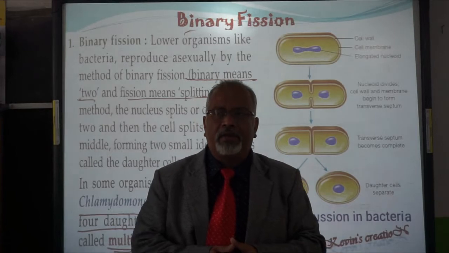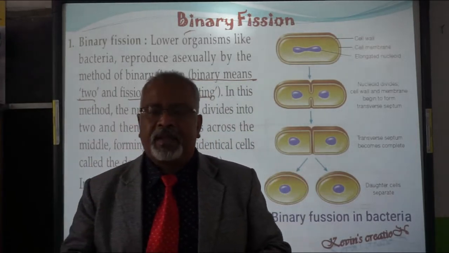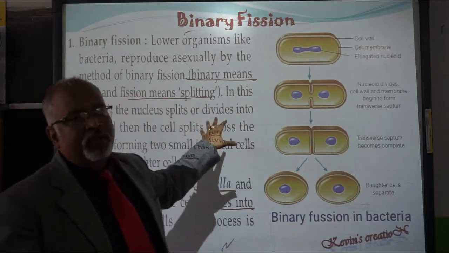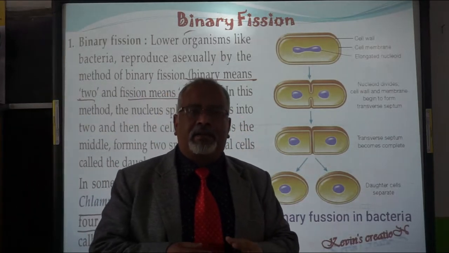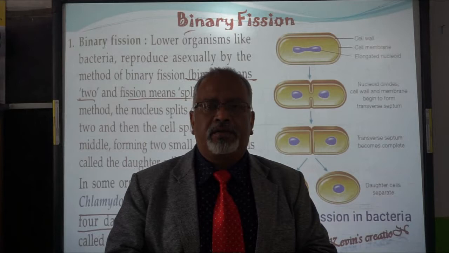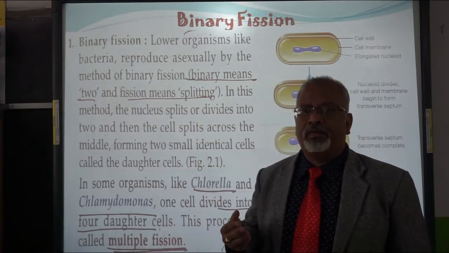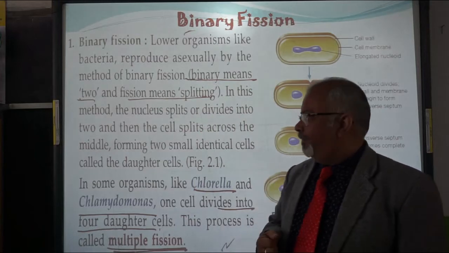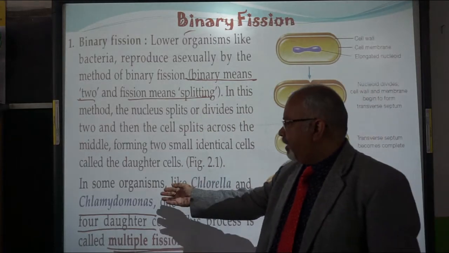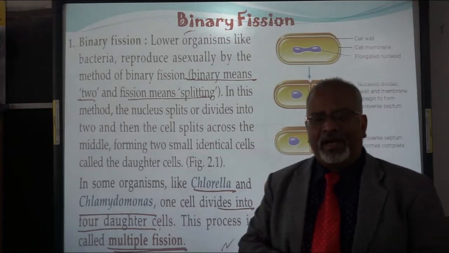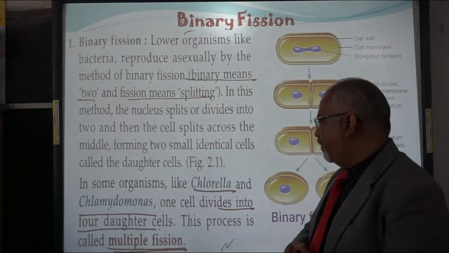If you remember, I told you binary means two and fission means splitting. That means splitting into two. When an organism divides or splits into two, we call it binary fission. Now in some organisms like Chlorella or Chlamydomonas, it doesn't divide into two, rather it divides into four.